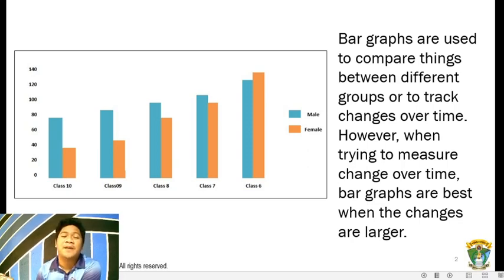But generally, bar graphs are used for comparing things. Like the given example, it compares the male and female composition from class 6 to class 10. And from the bars, we can easily see that for class 10, 9, 8, and 7, there are more males than females. And for class 6, there are more females than males. So as easy as that.